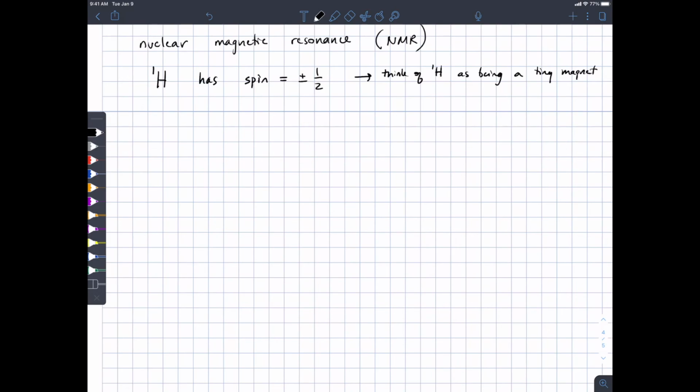So we will sometimes represent the spin of a hydrogen atom with just this arrow. So you've got hydrogen, and we'll call him hydrogen atom A, and he has that particular spin. Plus 1/2 or minus 1/2, up or down, same thing for our purposes, okay? So principle 1 is protons are little magnets, and because of that, they can be responsive to magnetic fields.